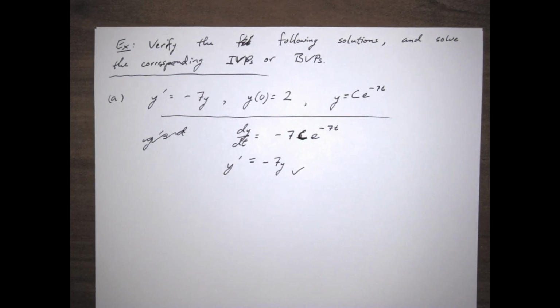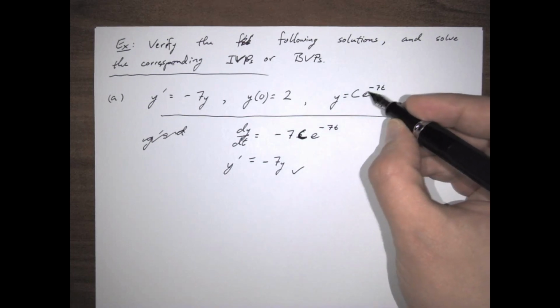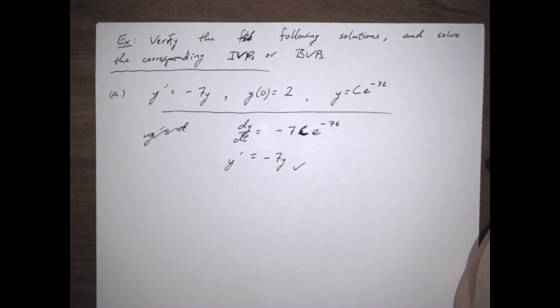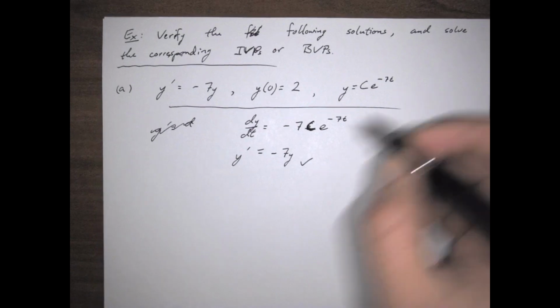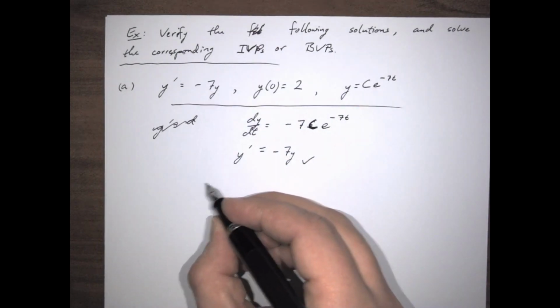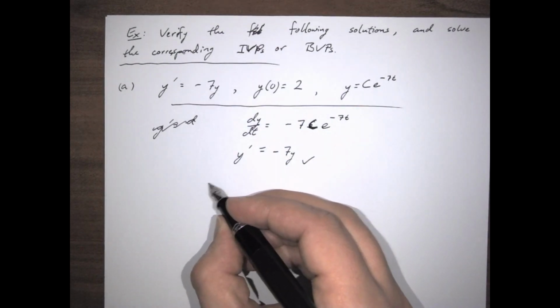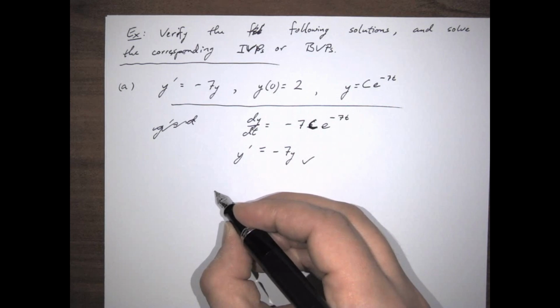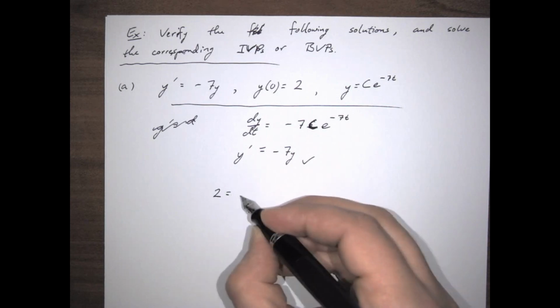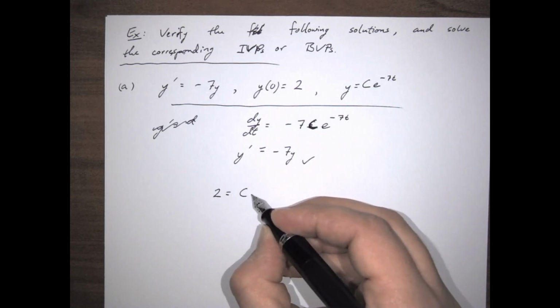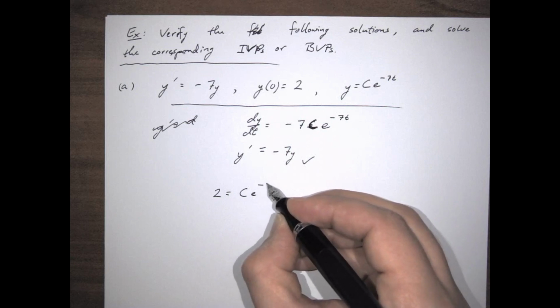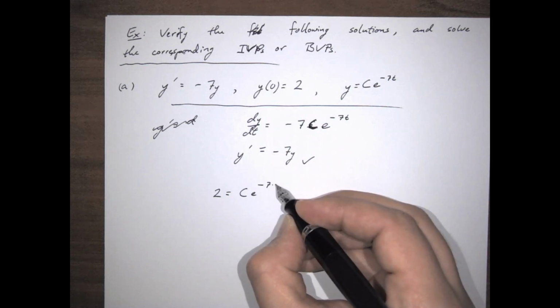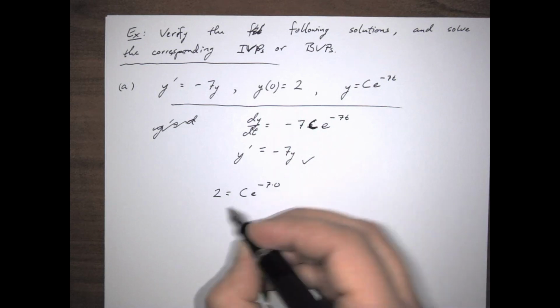So yep, that is an accurate family of solutions for this differential equation. And now for the actual specific solution that fits this initial condition, what we have is 2 is equal to c, the mystery c that we're out to solve, times e to the negative 7 times the value of t, which is 0.